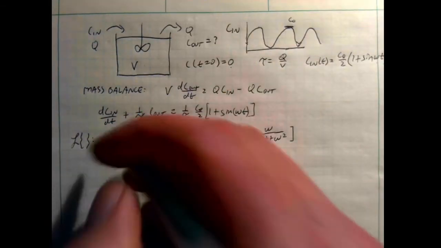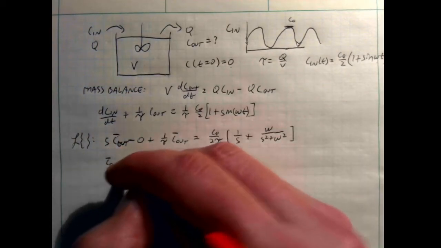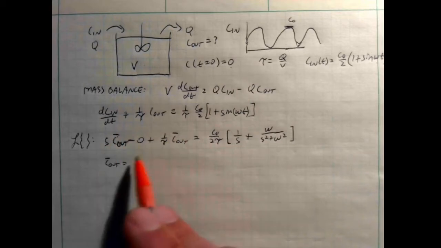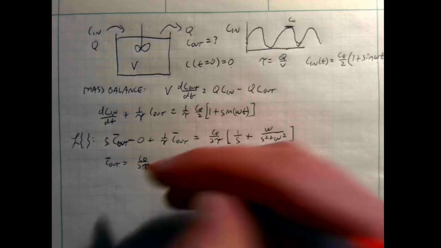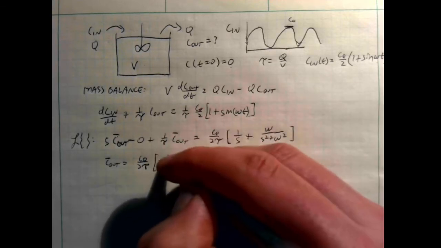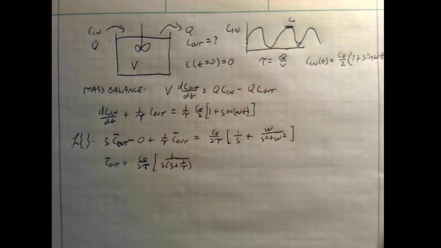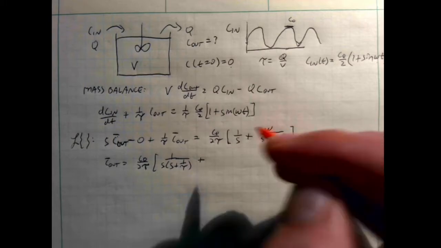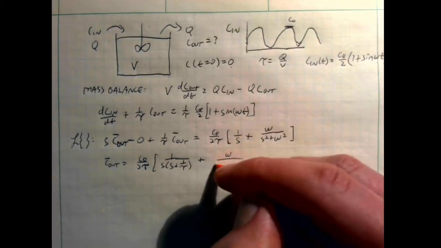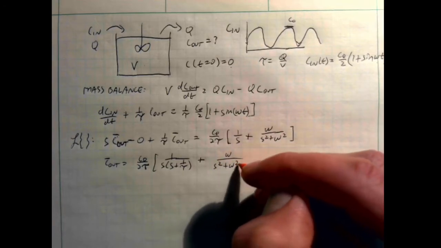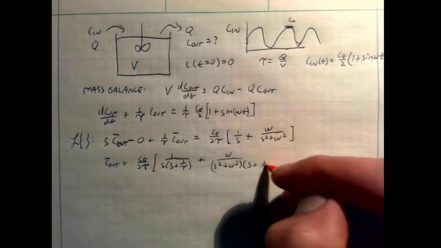So now I can solve for C out in the Laplace domain, C out bar, if I basically factor out the s plus 1 over tau and move it over: C0 over 2 tau times 1 over s times s plus 1 over tau, plus omega over s squared plus omega squared times s plus 1 over tau.